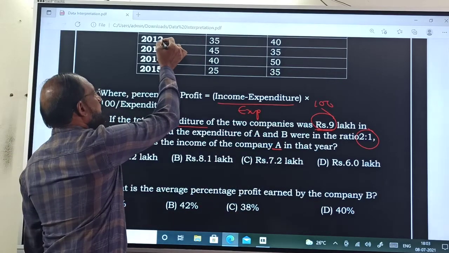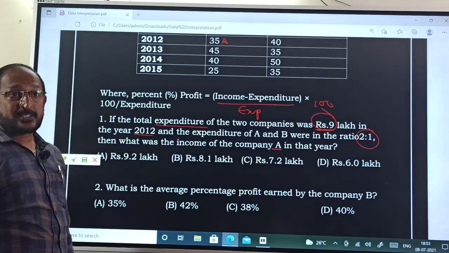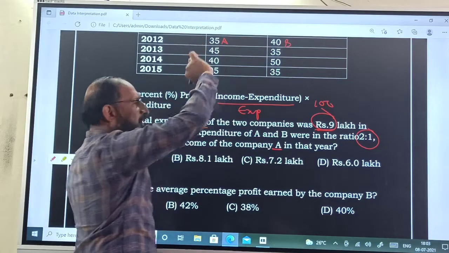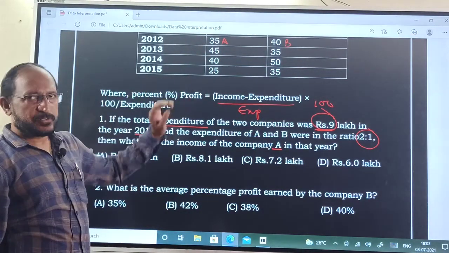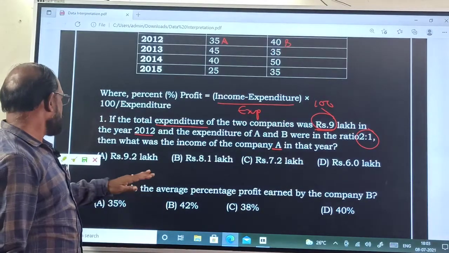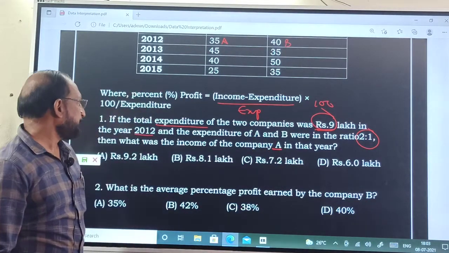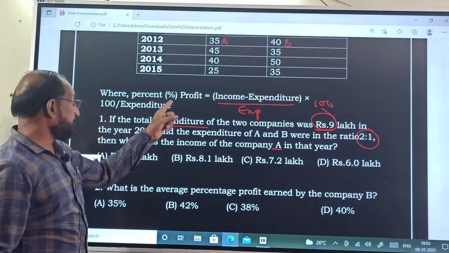Observe that in 2012, company A's profit is 35 and company B's is 40. Income we have to find. How to find it? By application of this formula.